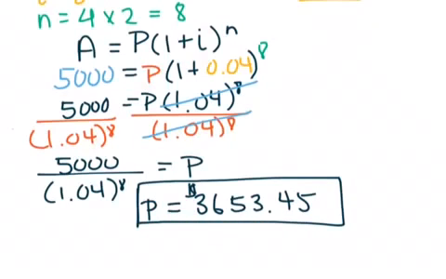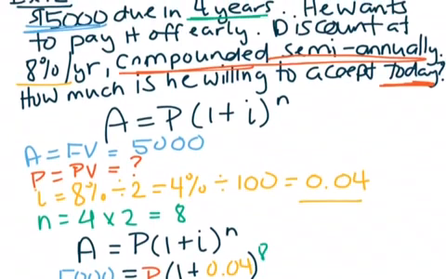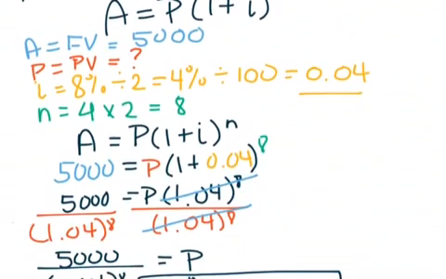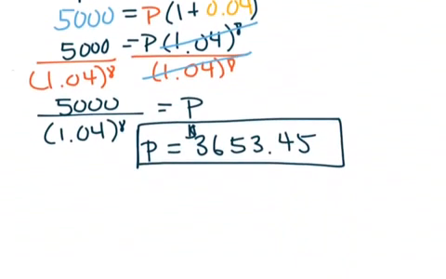So let's answer the question that was asked of us. It asked us, how much is the creditor willing to accept today for his loan that's valued at $5,000 in 4 years. So John wants to pay his loan off early.